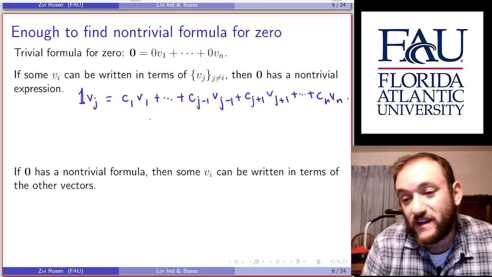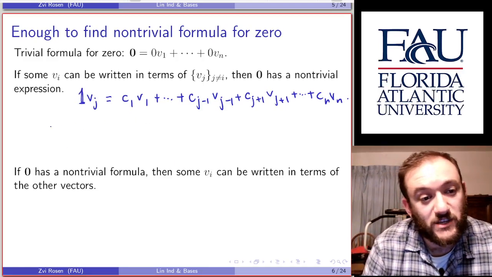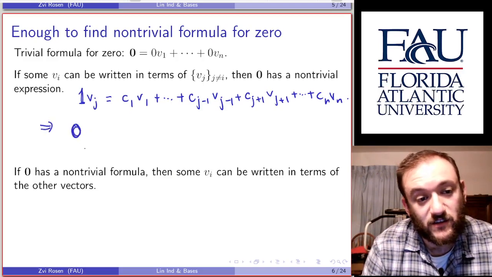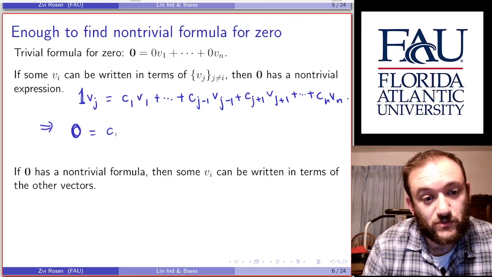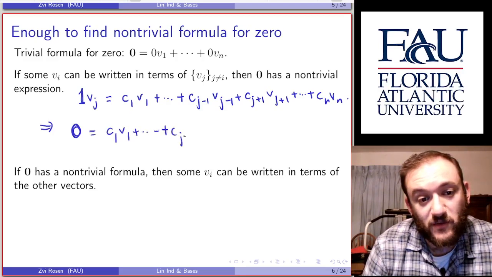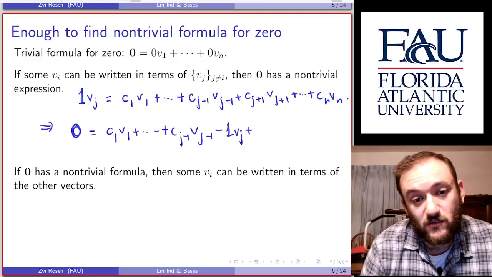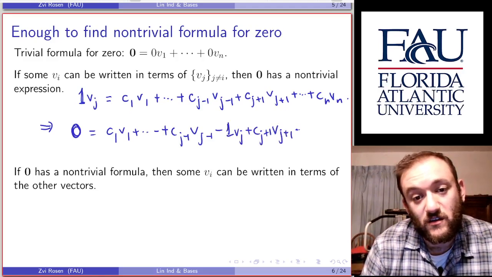So if I subtract 1 vj on both sides of this equation, then I have the 0 vector is equal to c1 v1 plus up to cj minus 1 vj minus 1 minus 1 vj plus cj plus 1 vj plus 1, etc., plus up to cn vn.